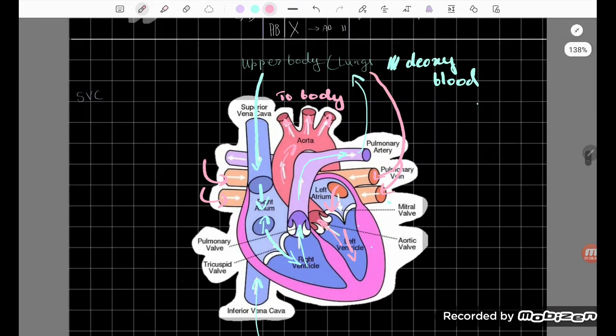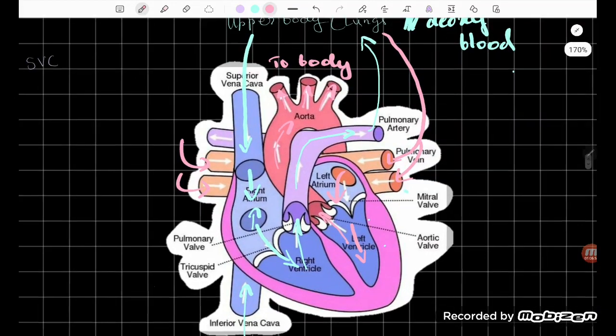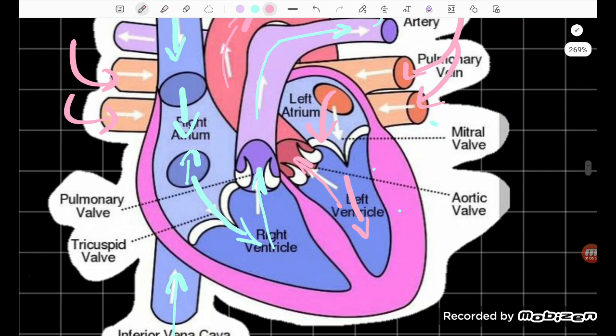I know this is a bit chaotic, but I hope this makes you understand. So as you can see, there are mainly four valves here. The tricuspid valve is not actually tricuspid here, but remember, the right atrium and the right ventricle have tricuspid valves, and the left atrium and left ventricle have bicuspid valves between these.